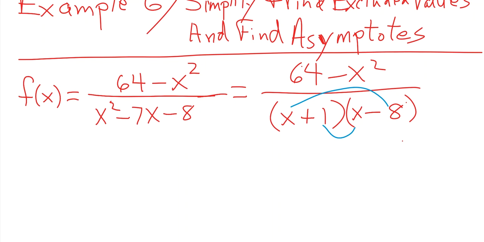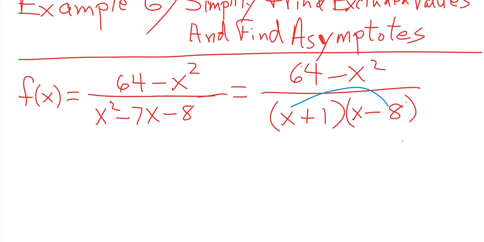Now, notice in the denominator we have x minus 8. In the numerator, you see that 64 is 8 squared. So we could write this as 8 squared minus x squared. Yeah, we can do that. But notice that would factor as 8 plus x and 8 minus x.